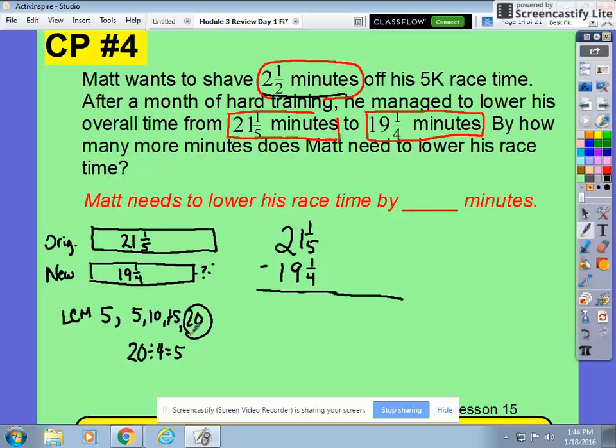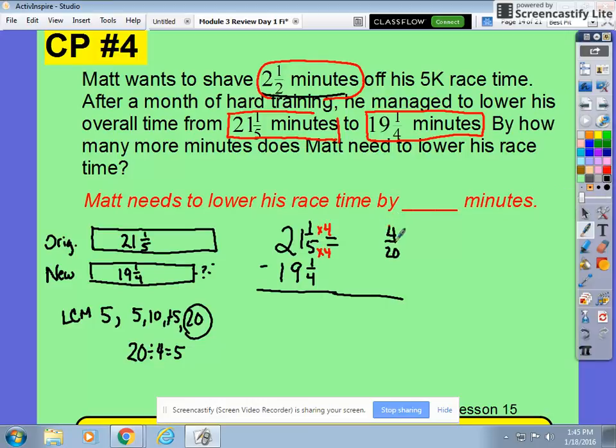So again, I need to find this equivalent fraction with 20ths as a denominator. I'm going to leave some space here for my whole number, and I'm going to say that 5 times 4, I need to multiply my numerator and denominator by 4.